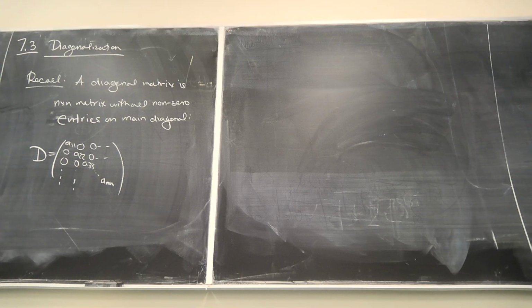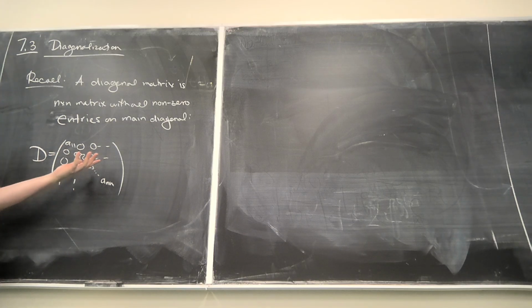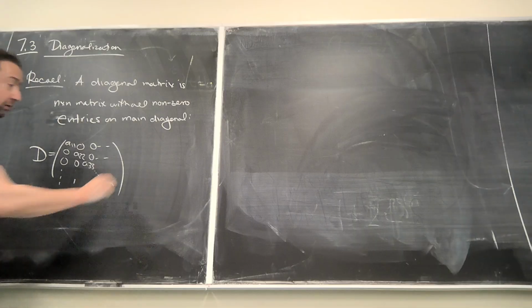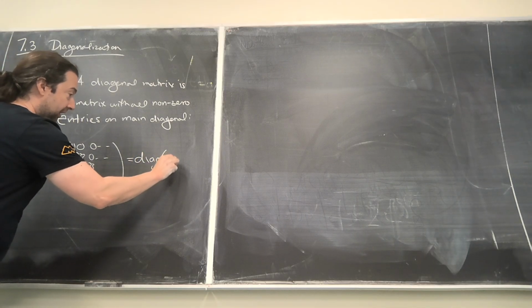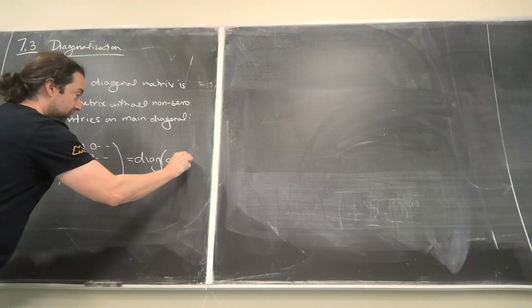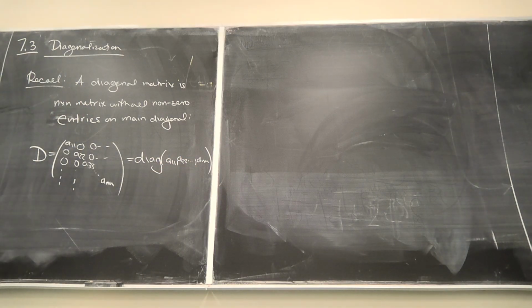Because the zeros aren't really giving us a lot of information, it's common when writing diagonal matrices just to write the diagonal entries and leave all the rest out. The book likes this notation: diag(a11, a22, up to ann). It tells you the elements that are supposed to be on the diagonal and leaves it to you to construct the matrix.